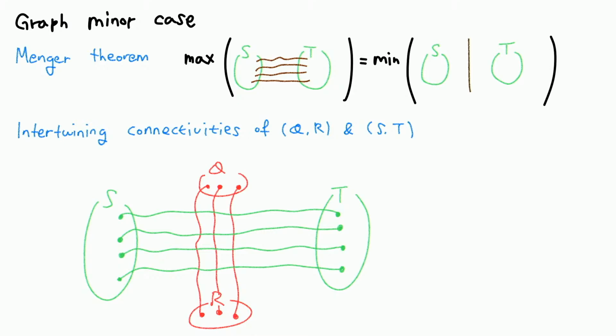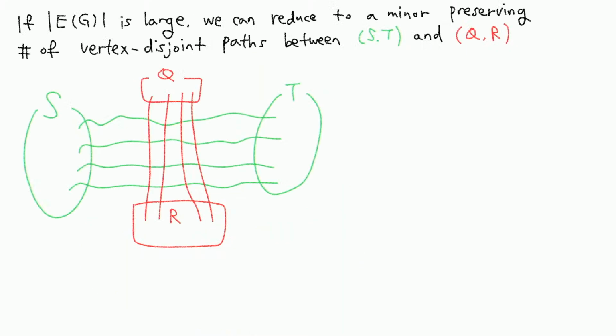This theorem says that large connectivity between two disjoint sets S and T actually guarantees that there are many disjoint paths between S and T. And then by contracting an edge on this path, we can get a minor while preserving the connectivity between these two sets.